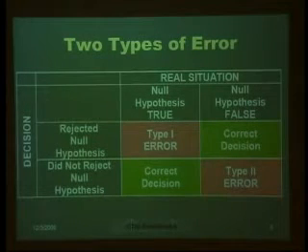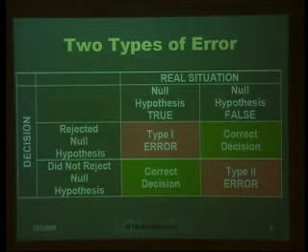It is an error, and we call that type 1 error. If the null hypothesis is true and I don't reject the null, I'm okay. This is the correct decision. If in the real situation the null hypothesis is false and I reject it, that's okay, correct decision. If the null is false and I don't reject, then I am also making an error.